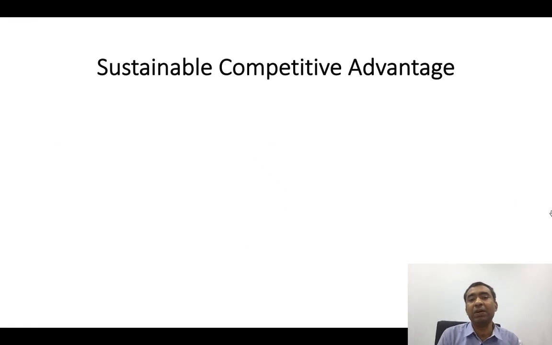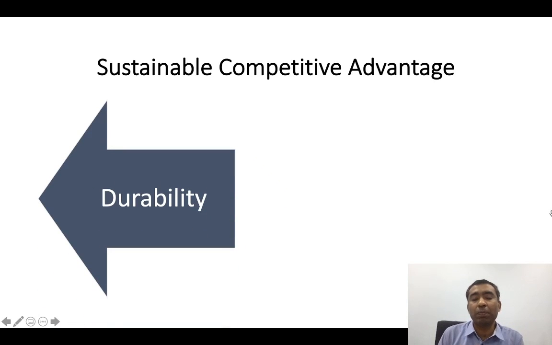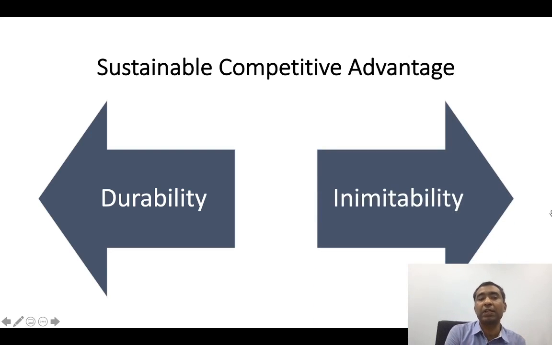Okay, the second one is sustainability. How can your competitive advantage be sustainable? Because your capabilities are durable. They provide a long-term solution, provide replication of your result, and provide durable products or value to your customer. So that is durability. Your capabilities last longer.